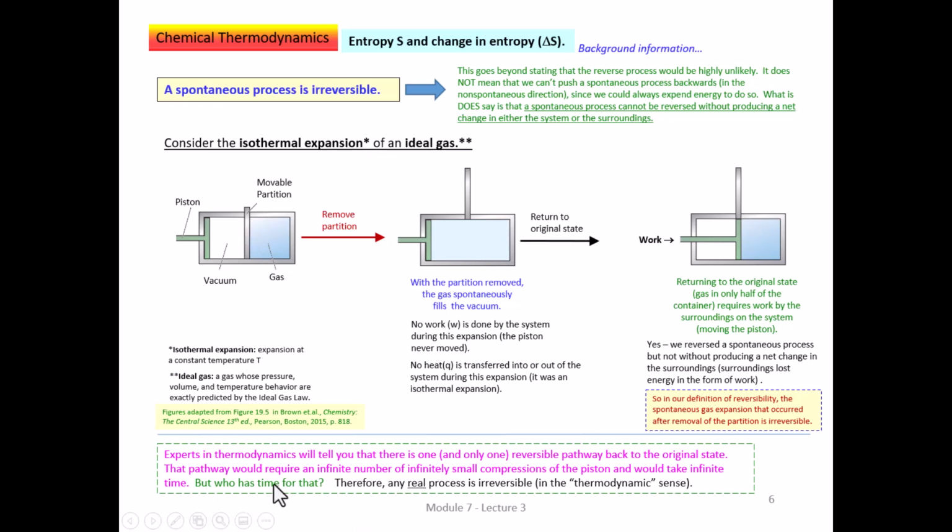That pathway would require an infinite number of infinitely small compressions of the piston and would take infinite time. But who has time for that? Therefore, any real process is irreversible. Again, what we mean is irreversible in the thermodynamic sense. We could always reverse it, but we can't do it without introducing a permanent change.